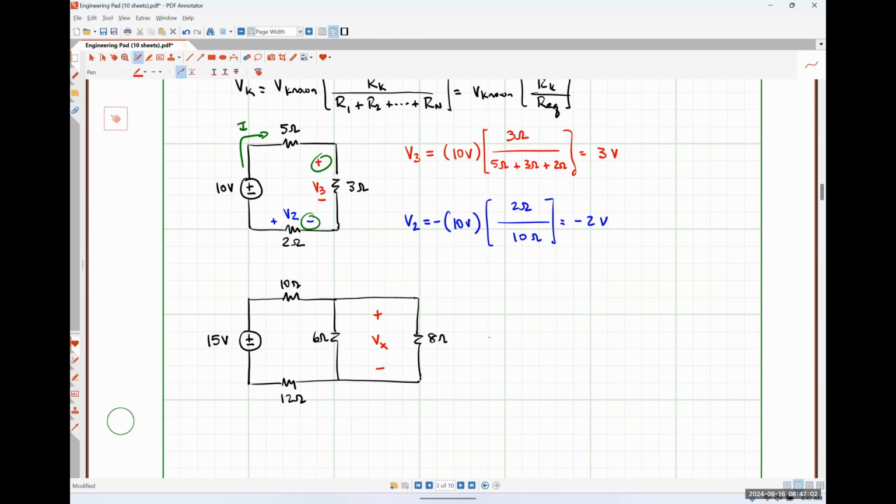So in this case, our voltage Vx would just be 15 volts times, and I'm going to do this the laziest way possible. So 6 in parallel with 8 looks like 6 ohms times 8 ohms over 6 ohms plus 8 ohms. And then my total series resistance is 10 ohms plus that 6 in parallel with 8.